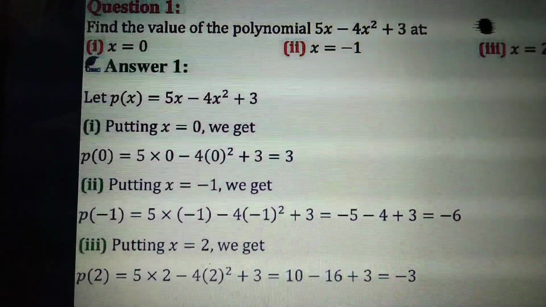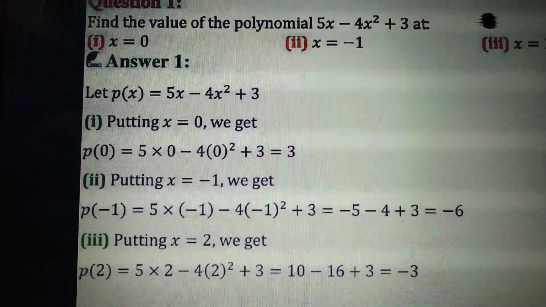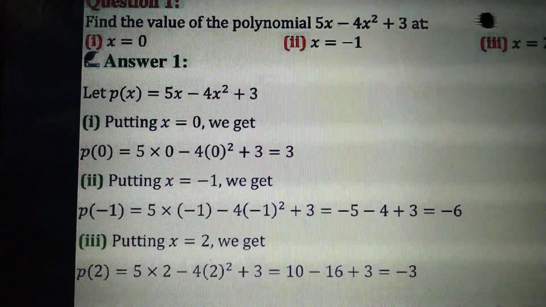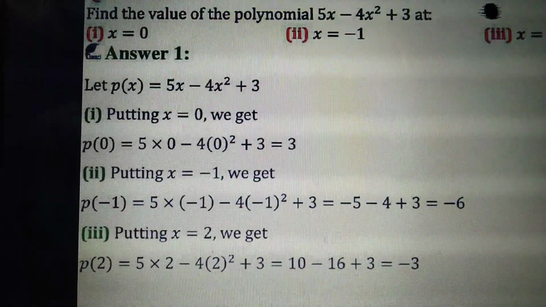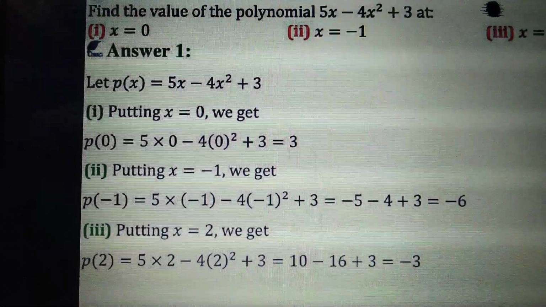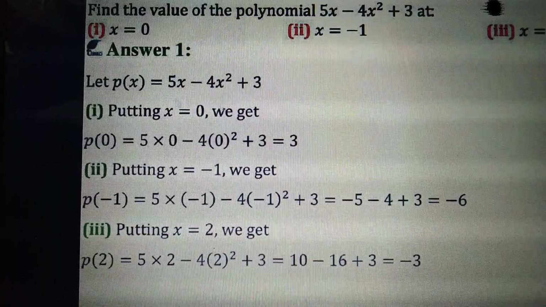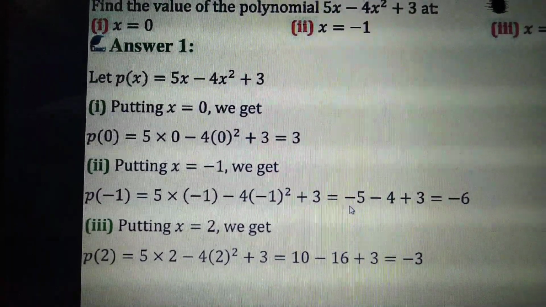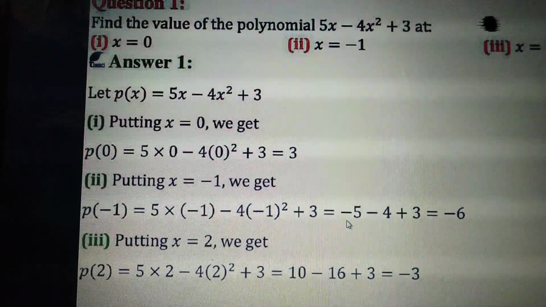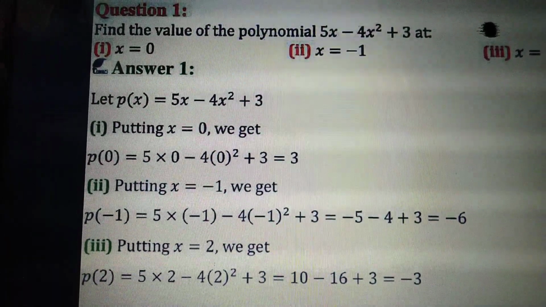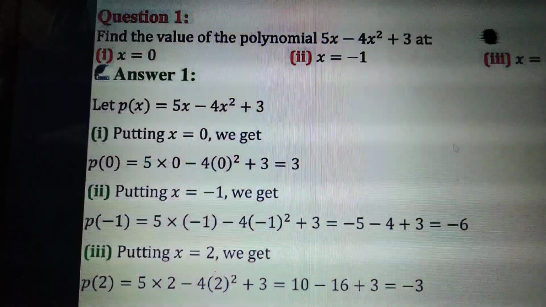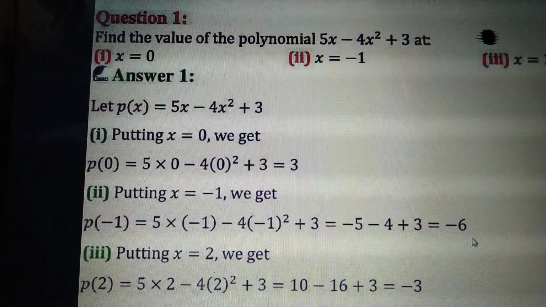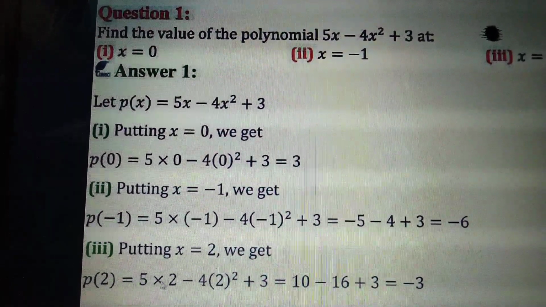Here minus 1 the whole squared is equal to plus 1. So plus 1 into minus 4, plus 3. So here we have 2 negative numbers and 1 positive number. First we should add the 2 negative numbers, that is minus 5 minus 4, which is equal to minus 9. Minus 9 plus 3 is equal to minus 6.